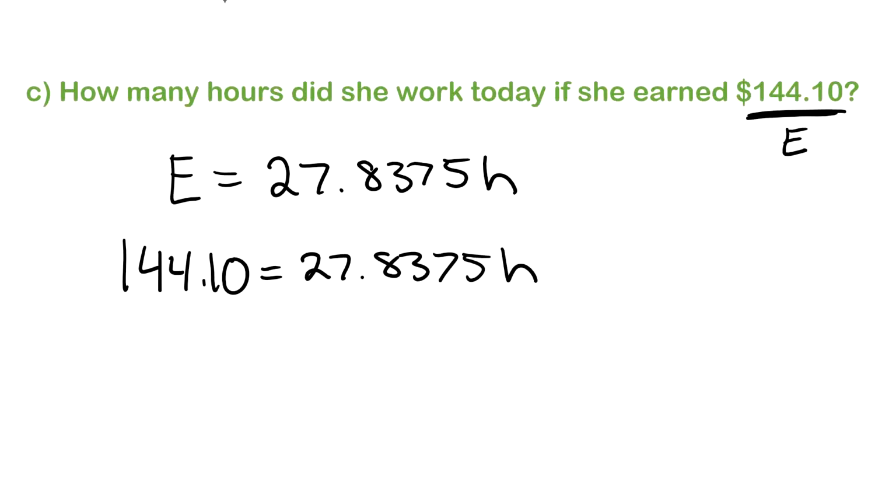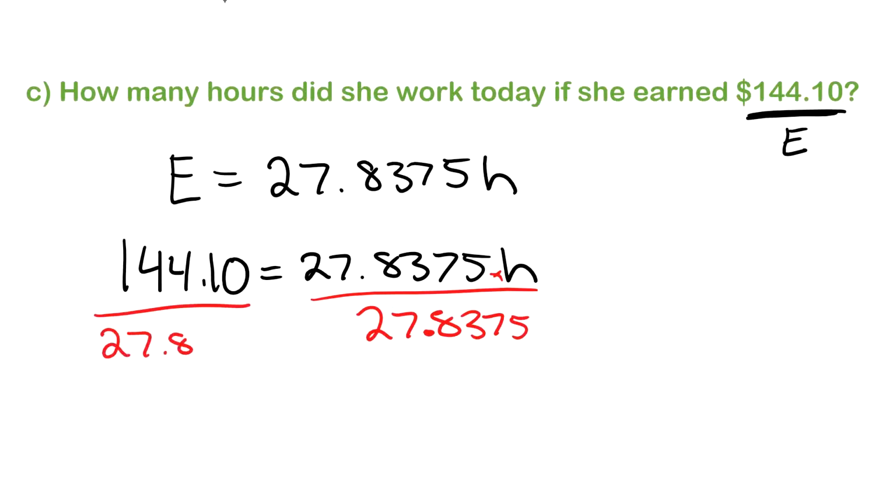Like always, this is multiplication, so the opposite is going to be division. We divide by 27.8375, and what you do to one side, you do to the other side. We're left with 5.18 equals H. So to earn $144.10, she would need to work 5.18 hours.